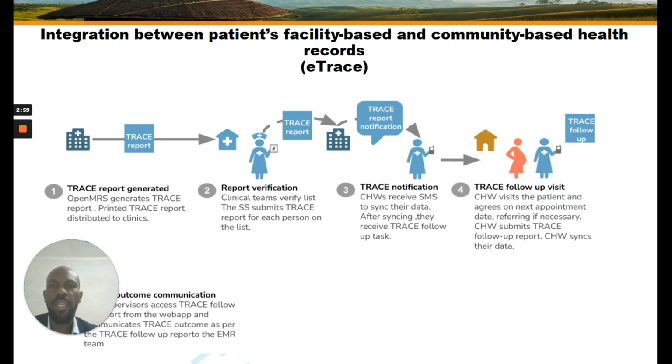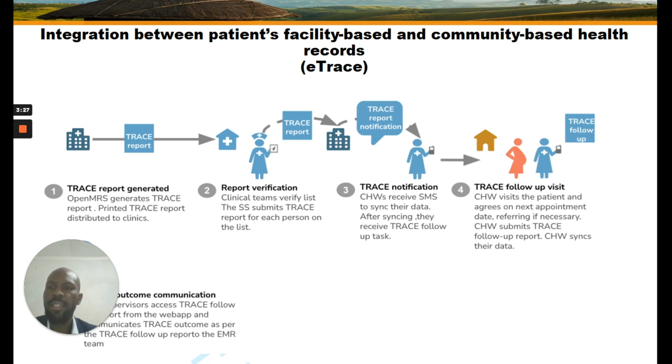So this was the use case for our work. We wanted to integrate the electronic medical record system OpenMRS with the community healthcare worker application so that all the information for patient tracking can just be shared between the two systems and the outcomes are completed from the community healthcare worker side.